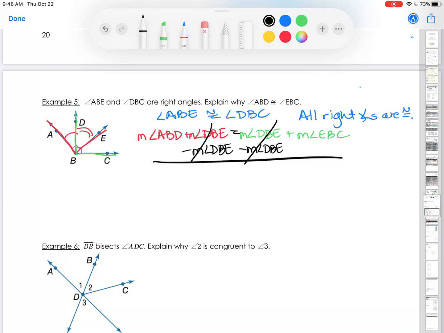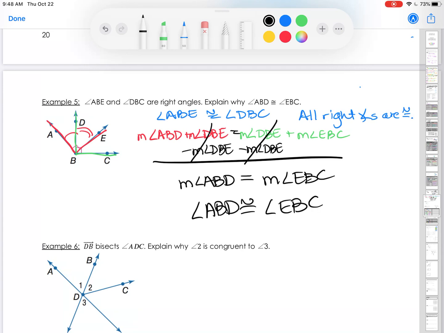That'll cancel out. So I get that the measure of angle ABD is going to be equal to the measure of angle EBC. And then from there, I can use, if they're equal, they are congruent. So angle ABD is going to be congruent to EBC, which is exactly what we wanted in the beginning.